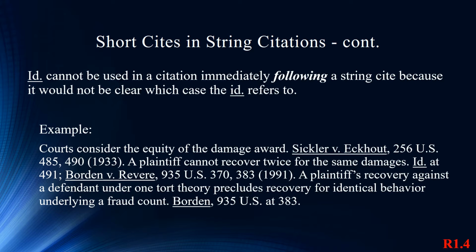However, then we add a semicolon and a string cite to Borden. The id here refers to Sickler, but we are also stating that Borden supports that proposition. Regarding the last sentence, there is just a cite to Borden, because Sickler does not support that proposition.